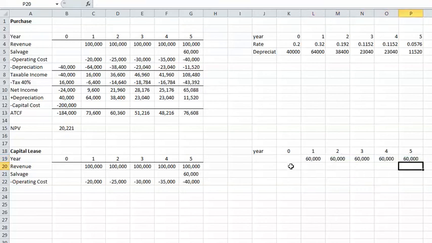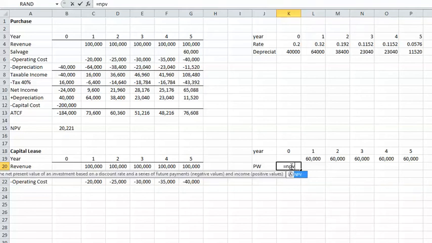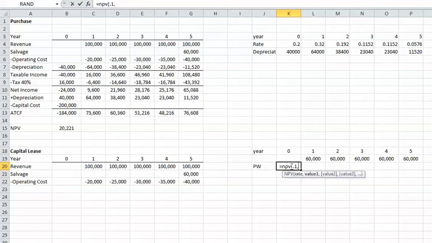In order to calculate the present value of these five payments, I can just use the NPV function. Present value equals NPV. The interest rate for the lease was 10%. There is no payment at present time. I start from year 1. So this is the present value of all these payments.